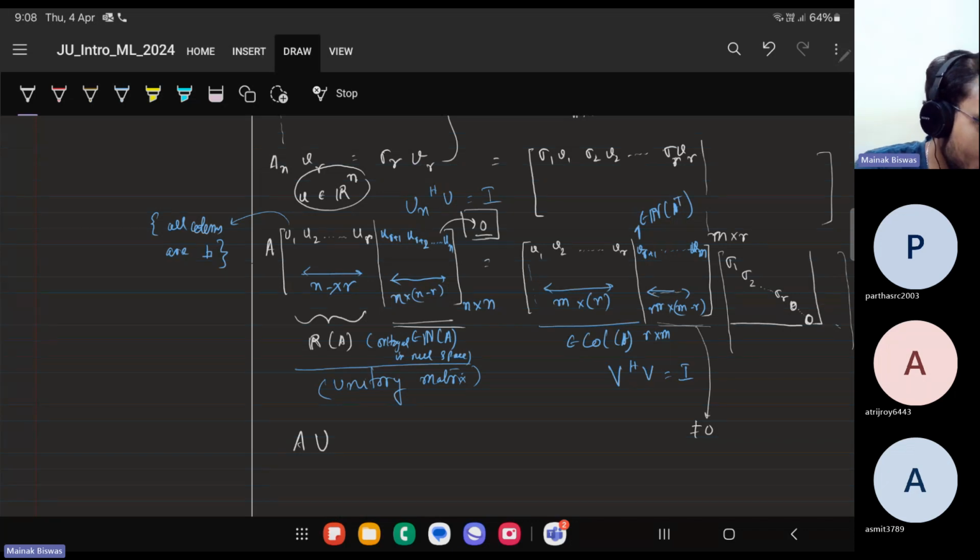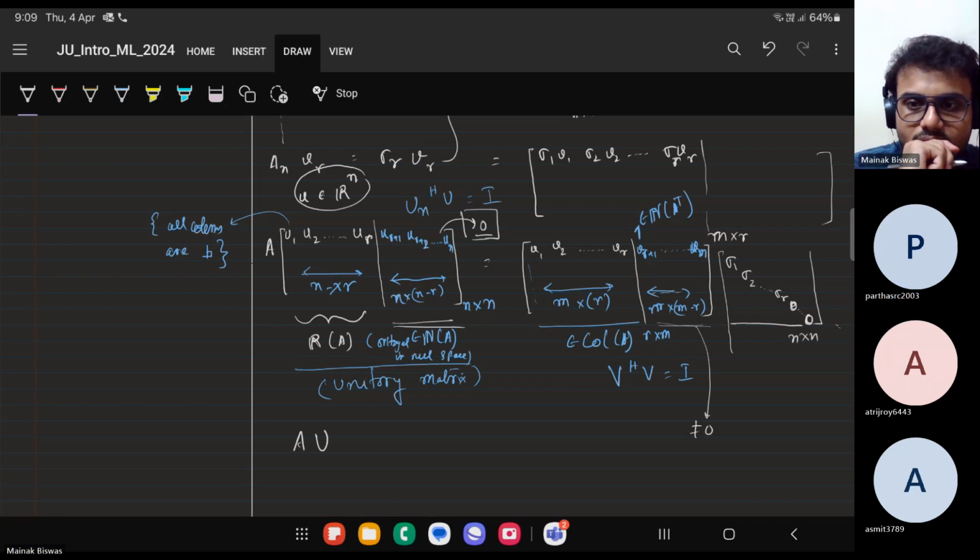This is, do you agree, an n cross n matrix? Yes or no? N cross n matrix. Of course, it is n cross n because on the left hand side we have n equations and on the right hand side we have m v's.